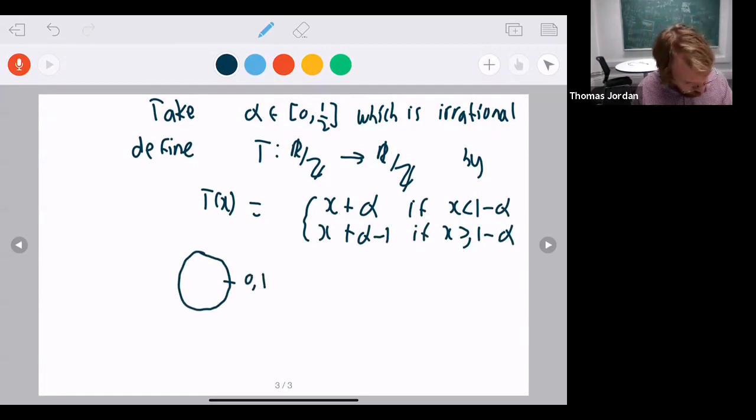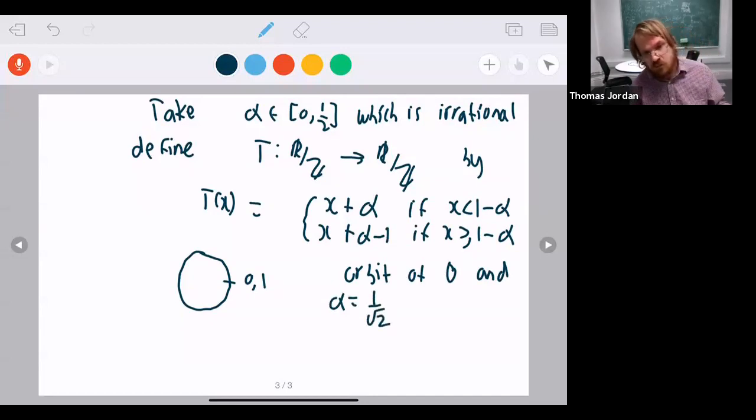So if we look at the orbit of 0 and say alpha equal to 1 over root 2, or better still, let's take it as root 2 minus 1.